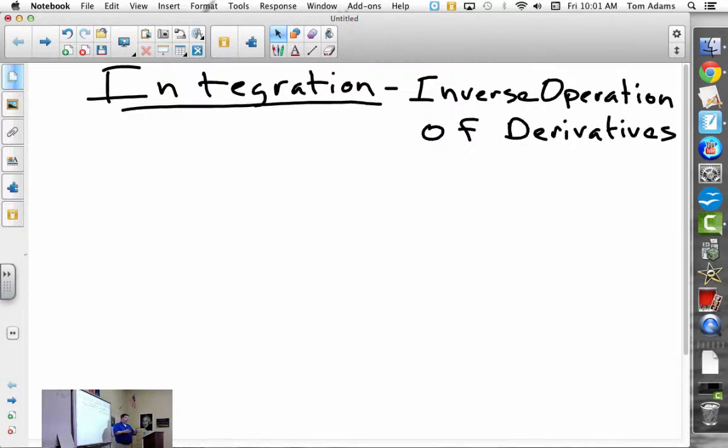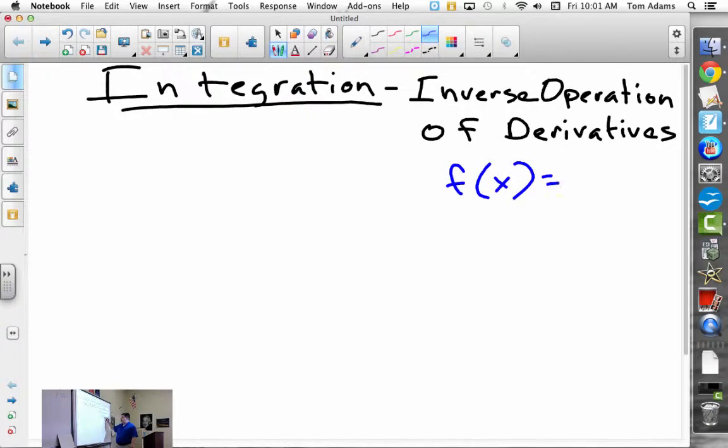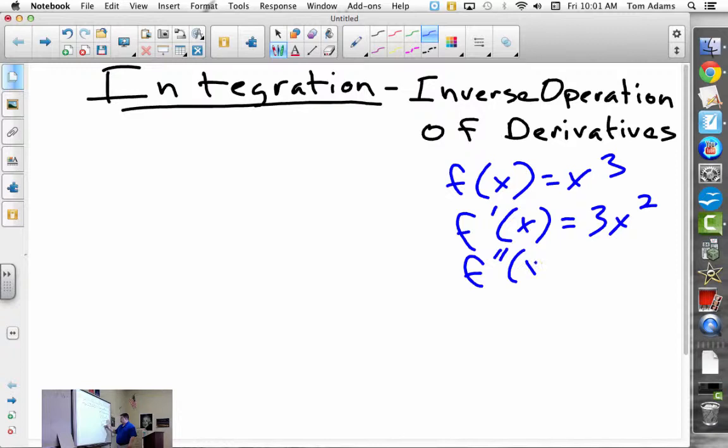So what we've been doing with regards to derivatives, derivatives tell us a couple of things. If I have a function, and I take the first derivative, f prime, x squared, and then I take the second derivative, I learned some stuff.